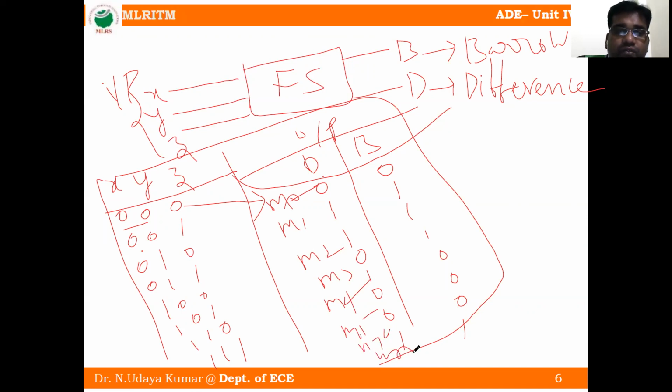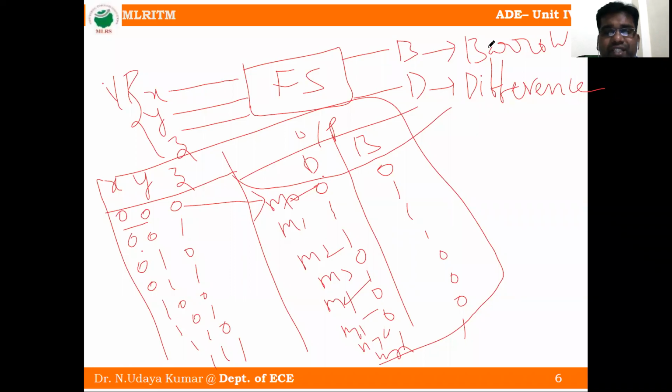We have to find the expression for difference as well as borrow, and based on these expressions we implement combinational logic circuits using basic logic gates. So this is called a full subtractor.